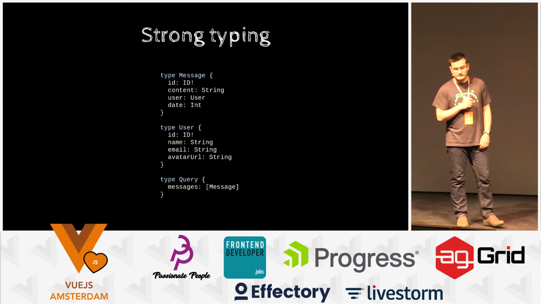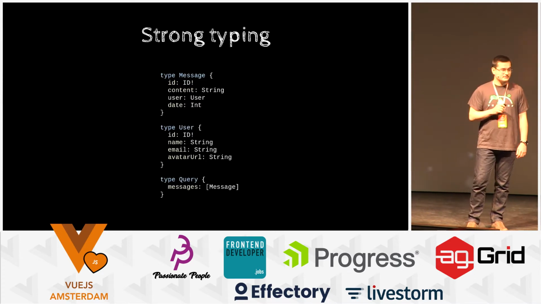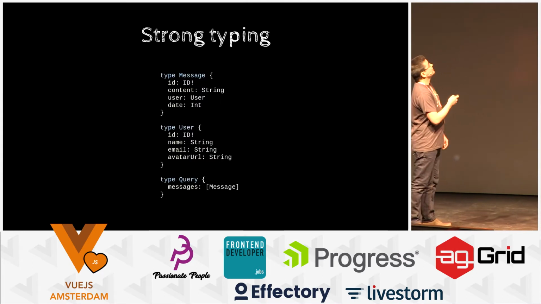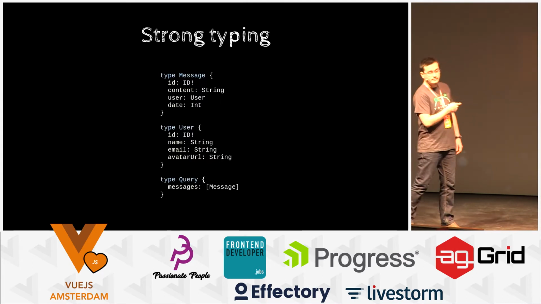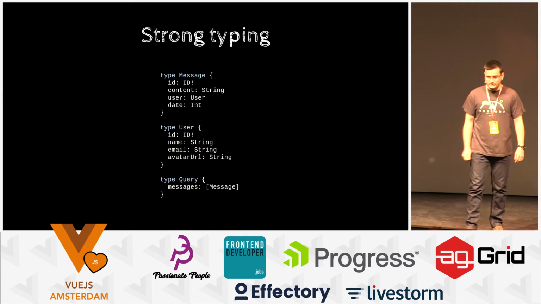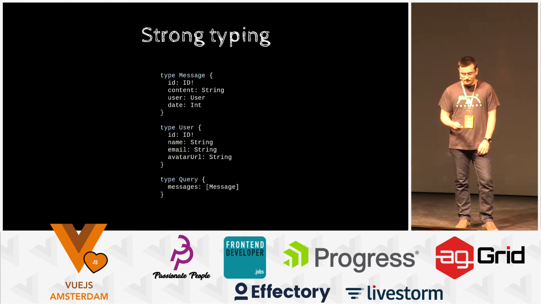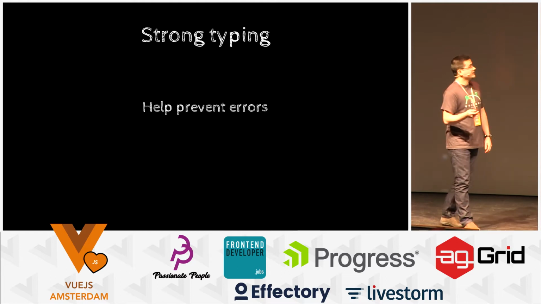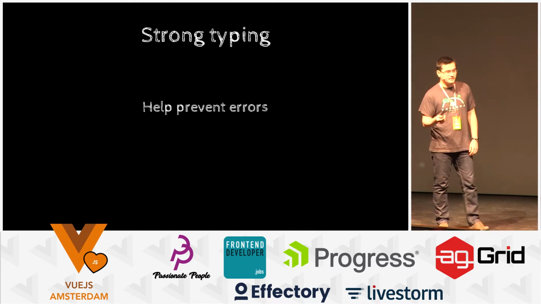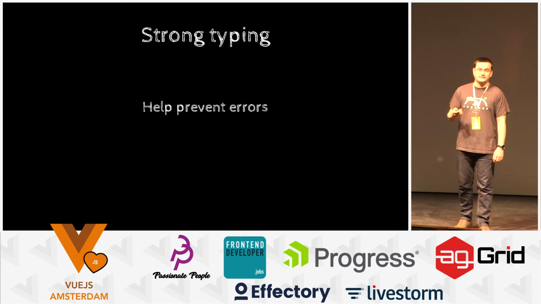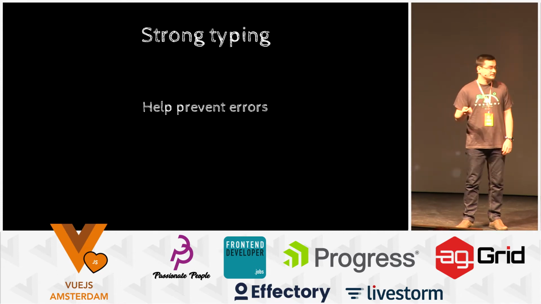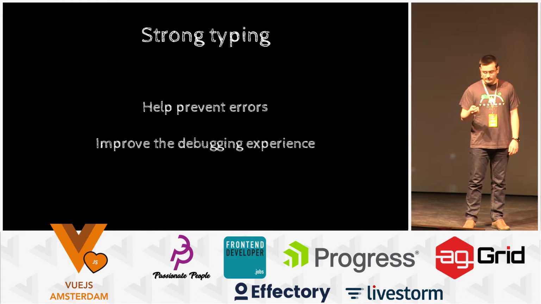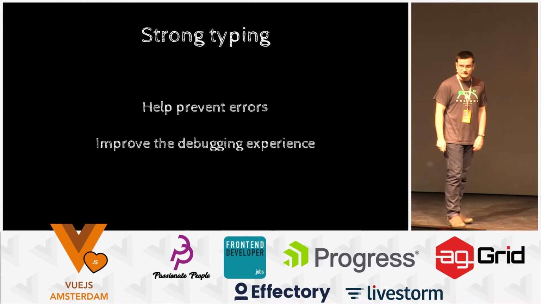So first, GraphQL is based around a typed schema. So it's looking like this. You can see a type, and then you've got fields and types on the fields. And what it brings to you is error prevention. You can get very detailed error stack traces and go faster while debugging your apps.